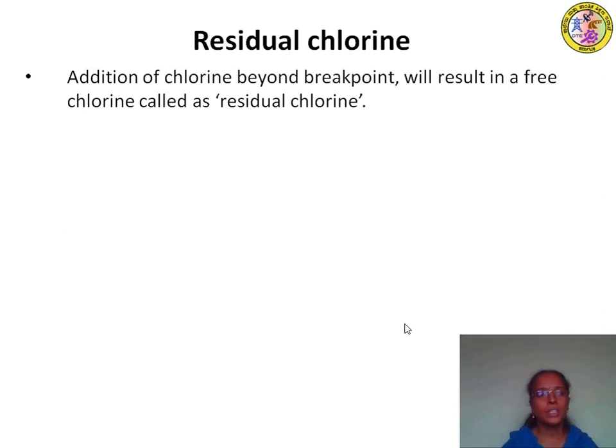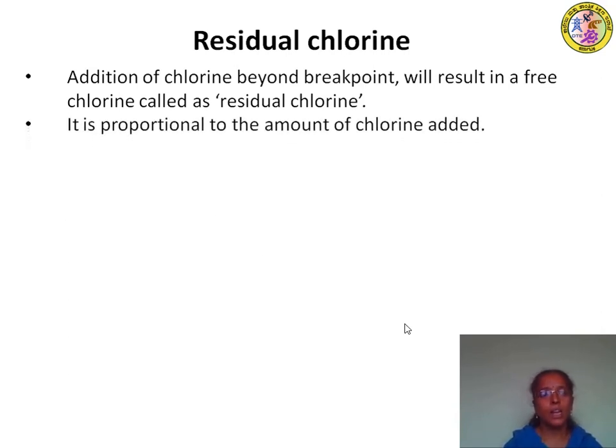As you have observed in the graph of breakpoint chlorination, it is proportional to the amount of chlorine added. So residual chlorine is exactly at a 45-degree angle, directly proportional to the amount of chlorine added.